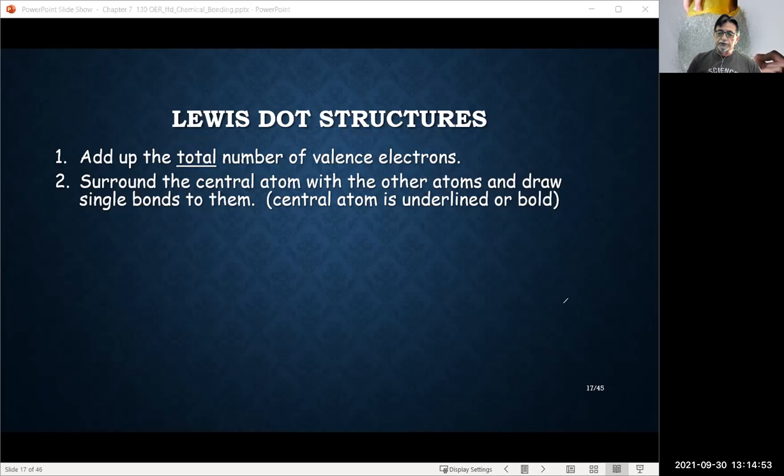All right, so we surround the central atom with the other atoms that are in there, and then we draw single bonds to them and connect them. Now, as I just stated, we want to maintain the octet around all the atoms with the exception of hydrogen, whereas the duet.